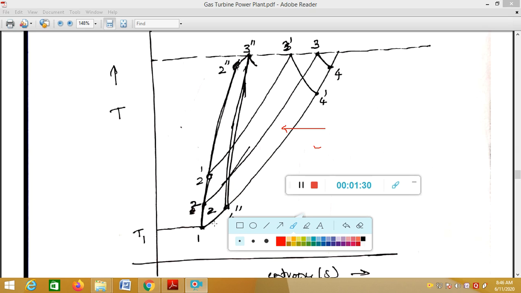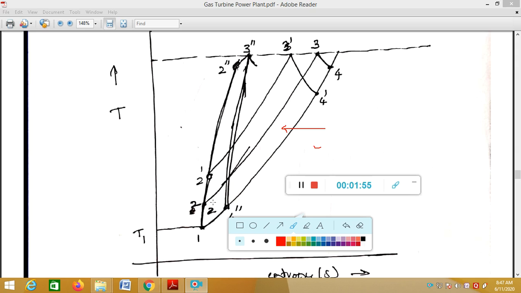We can see that the compressor work from 1 to 2 is very small here, and the expansion work from 3 to 4 is also very small, because we have taken a very small pressure ratio from P1 to P2. Then 2 to 3 indicates the heating of air in the combustion chamber from T2 to T3.